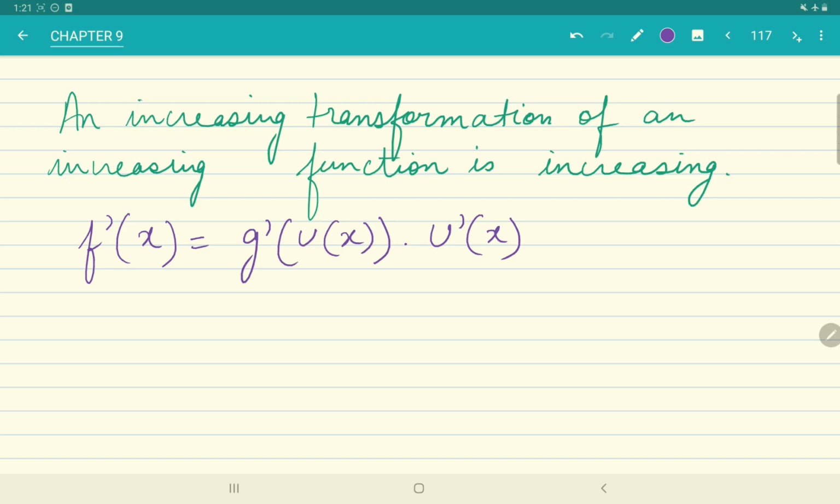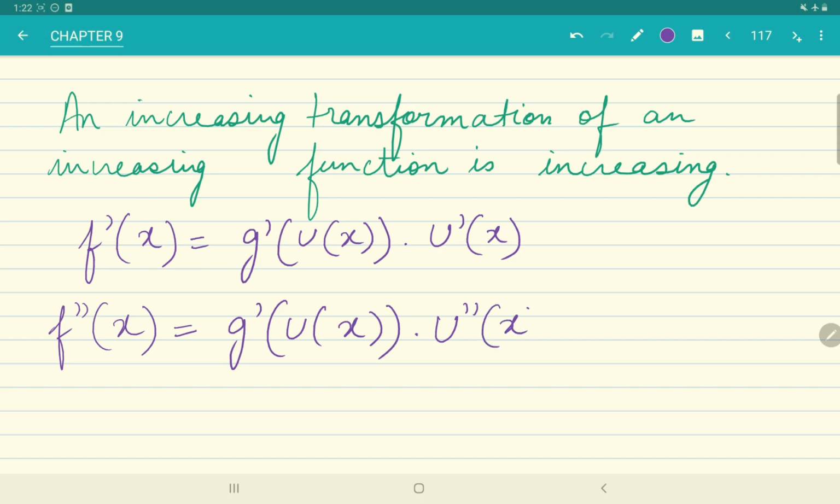Now in this case, we are going to use the product rule, and for that we can write f double prime x is equal to the first function into derivative of the second plus second function into derivative of the first.